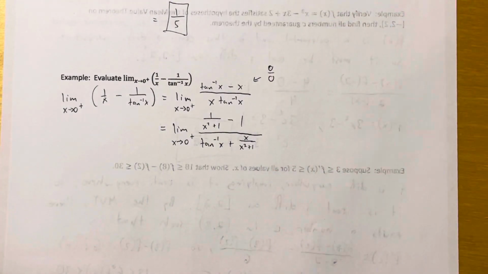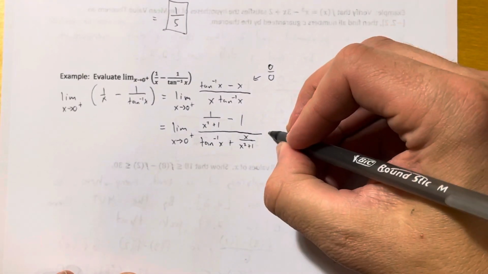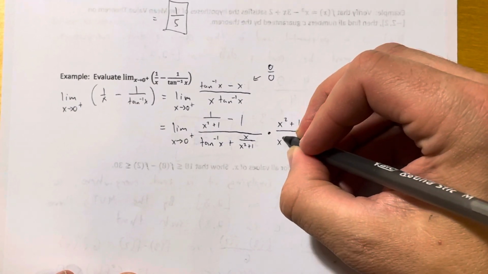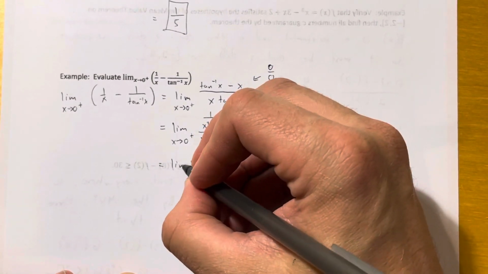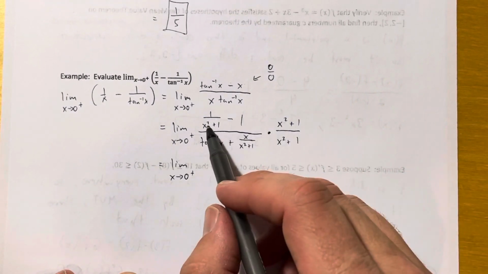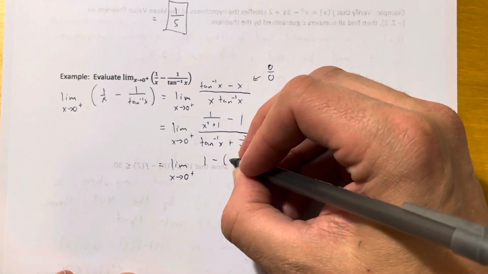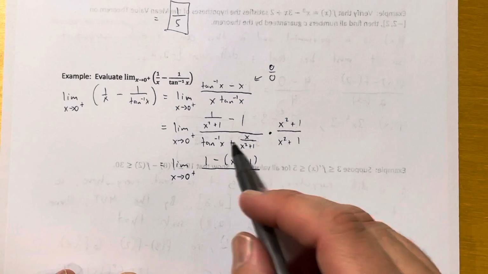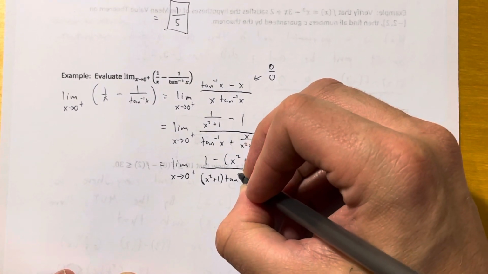Now, this thing is kind of messy looking, so I'm going to try and simplify it a bit by multiplying that denominator out. I'm going to multiply by x squared plus 1 over x squared plus 1. Okay, this becomes the limit as x approaches 0 from the positive side. Multiplying by the x squared plus 1 is going to cancel that denominator, give me a 1, minus 1 times this, so minus x squared plus 1, over, then down here, I'm going to have x squared plus 1 times the inverse tangent of x.